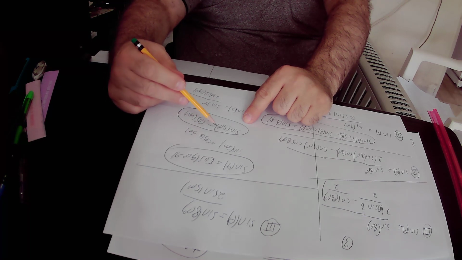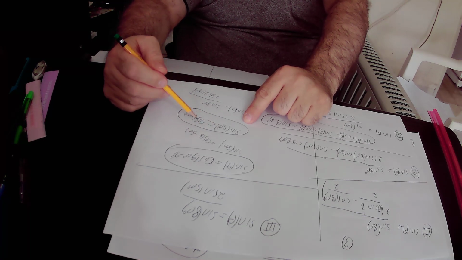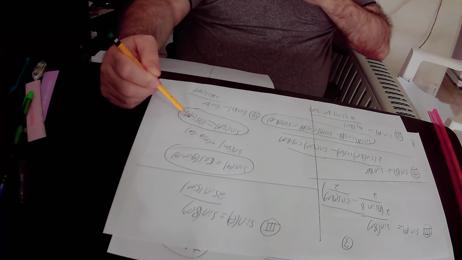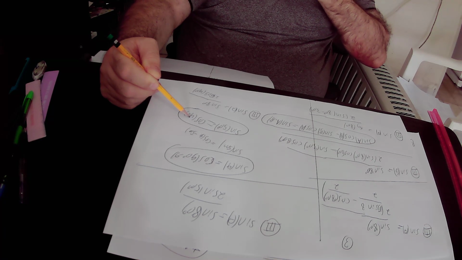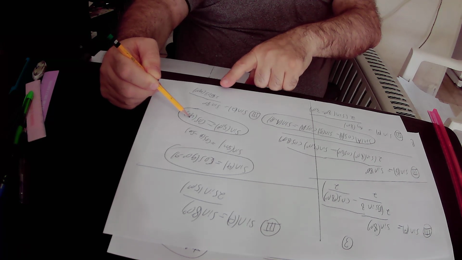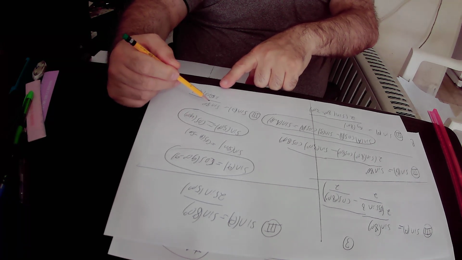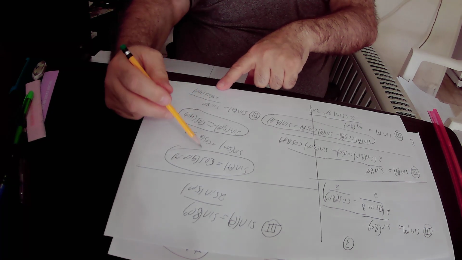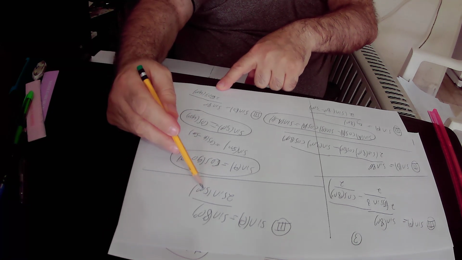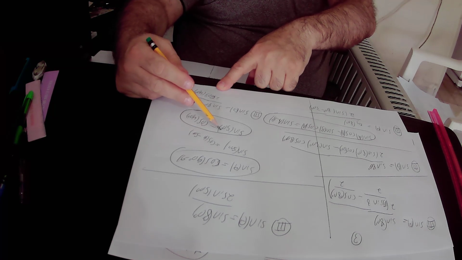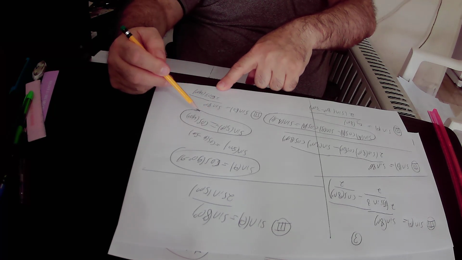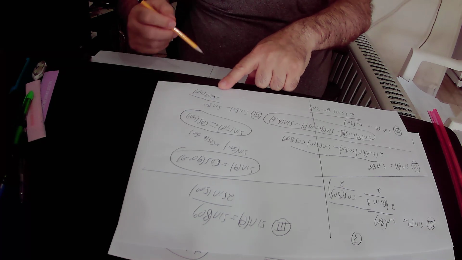So we found out that sine 50 degrees equals cosine 40 degrees. Here we have sine theta equals sine 80 degrees, and we substituted sine 50 degrees by cosine 40 degrees because of the fact that sine 50 degrees equals cosine 40 degrees.